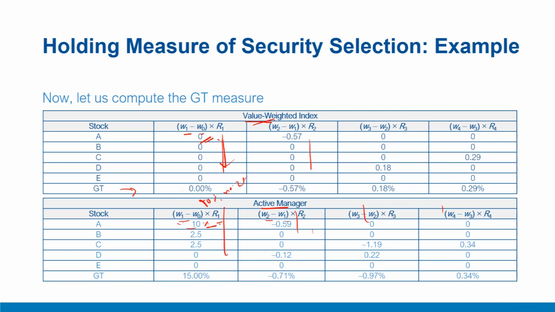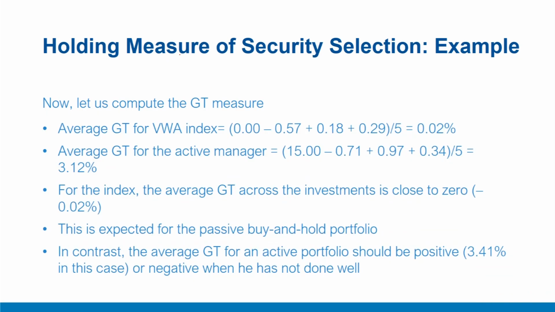Here we can see the numbers. For example, 15% here is the summation of all these 5 numbers for the active manager, and 0 for period 1 for the value weighted index, which is 0%. Or for example, here minus 0.7 and the others are 0, so minus 0.57% is the GT number for the value weighted index. Now we'll summarize the GT measure for all of them.